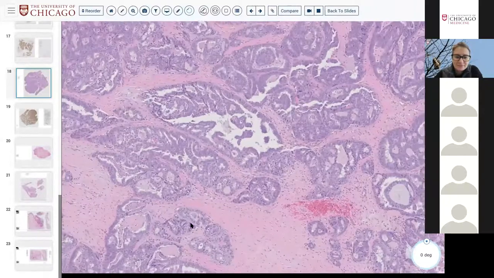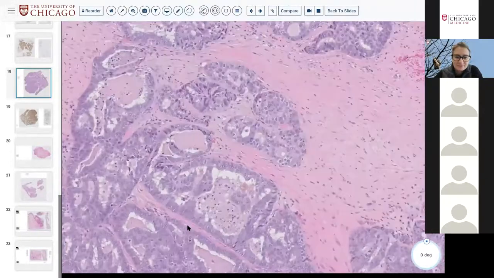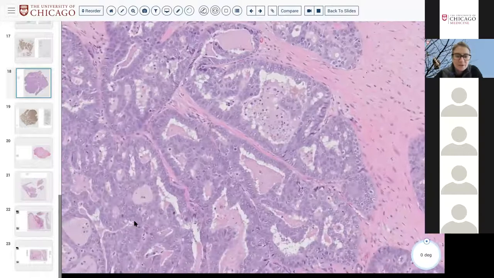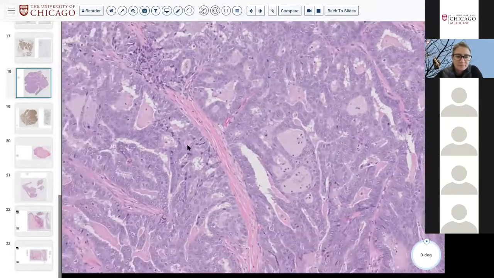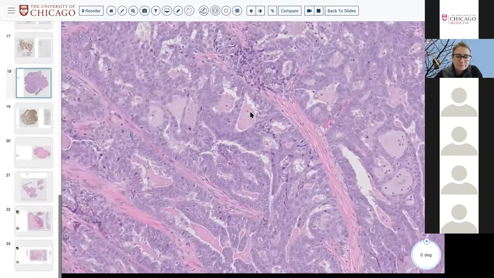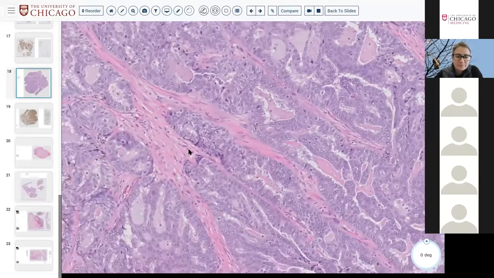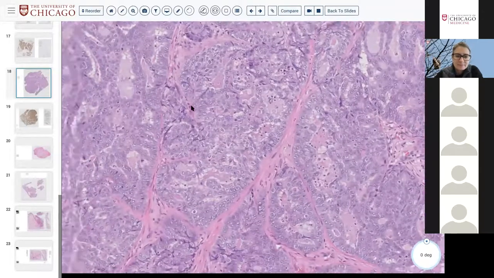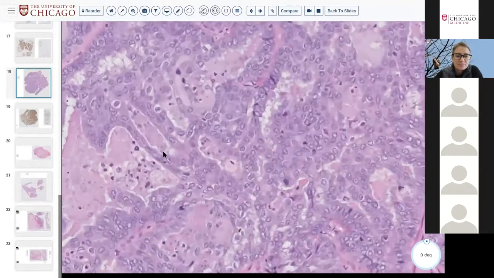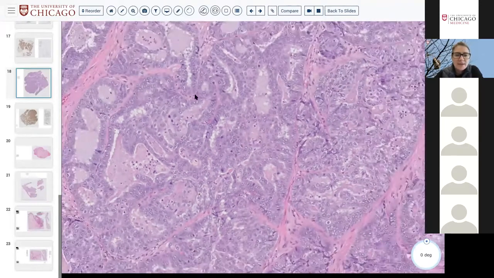Here it's micropapillary, maybe. And what does that tell you? It's adenocarcinoma, sinonasal adenocarcinoma, maybe mixed type, or are we able to call it papillary? Intestinal type, mixed. Okay, so intestinal type mixed.